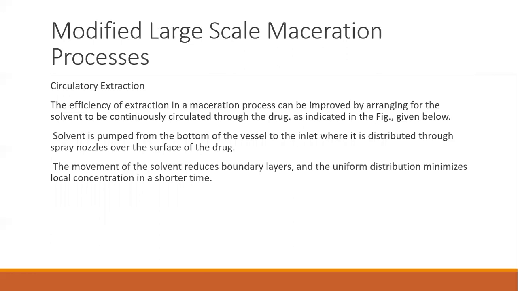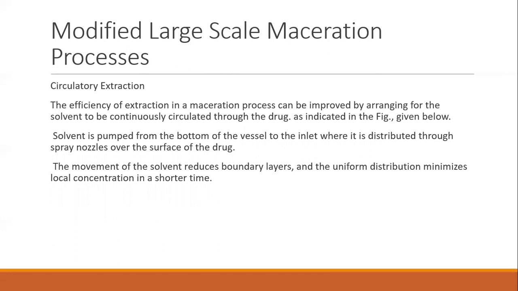In maceration, you take your plant material and soak it in your solvent, then you take out that solvent, which has the desired component, and you don't use it again.